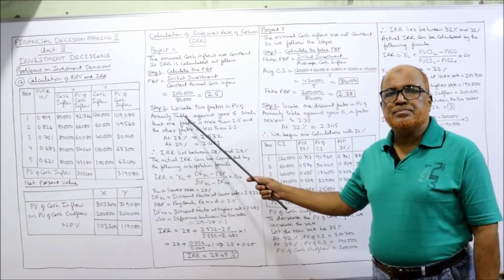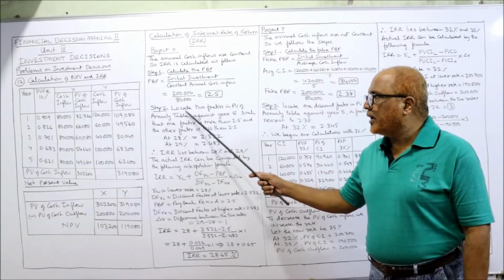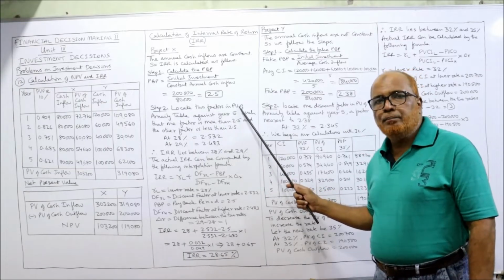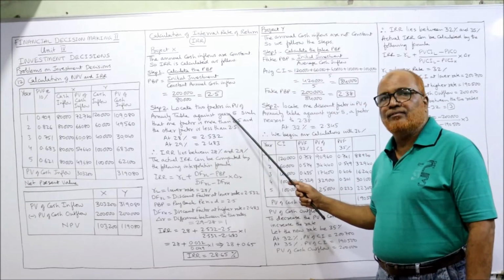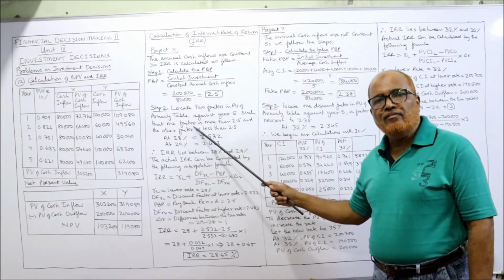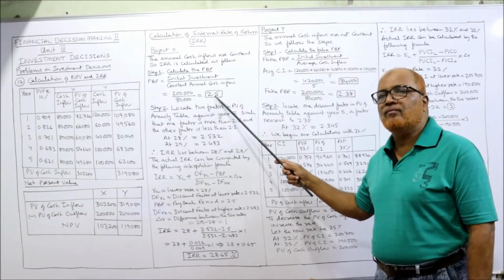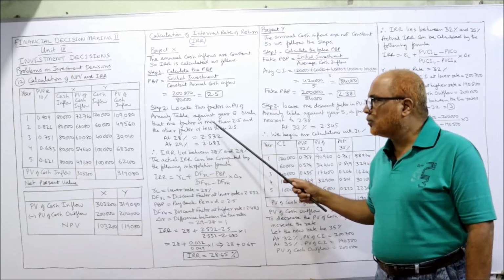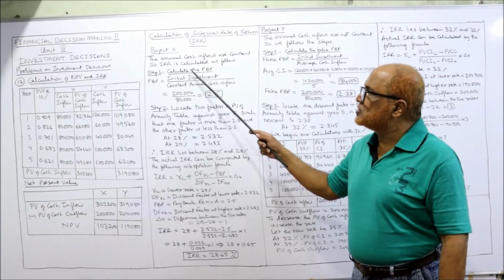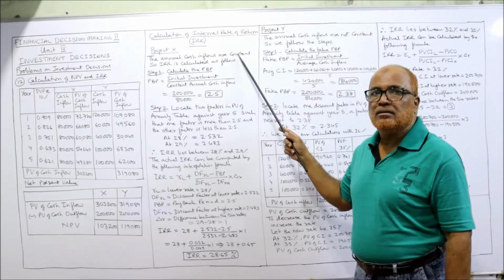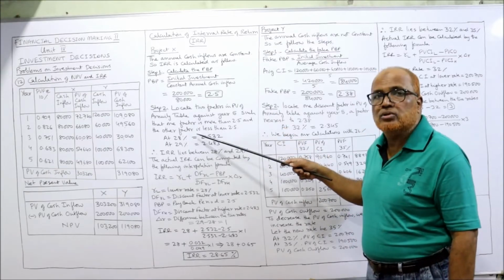Now step 2, very important. Locate two factors in the PV of annuity table against year 5, such that one factor is more than 2.5 and the other factor is less than 2.5. Whenever the annual cash inflows are constant, this step has to be followed.